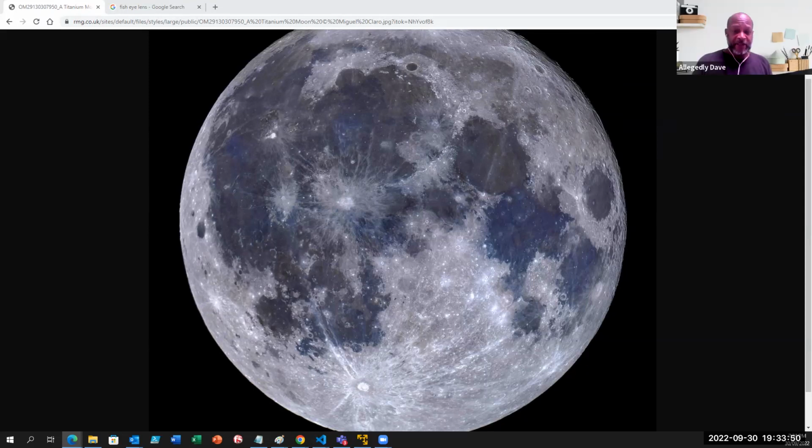I've just given you several ideas of what it could be. We know it's not a grey rock in space that's reflecting the sun, because the problem with that is, if you actually look at this image, you can clearly see that it is a spheroid.